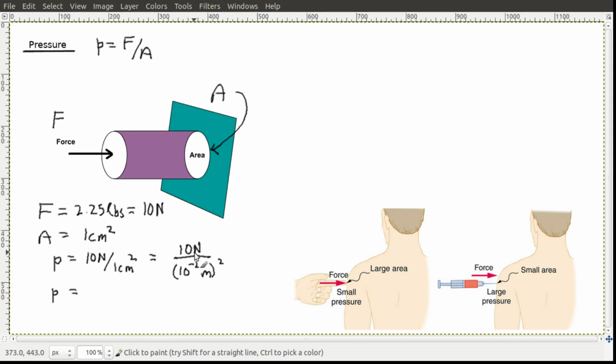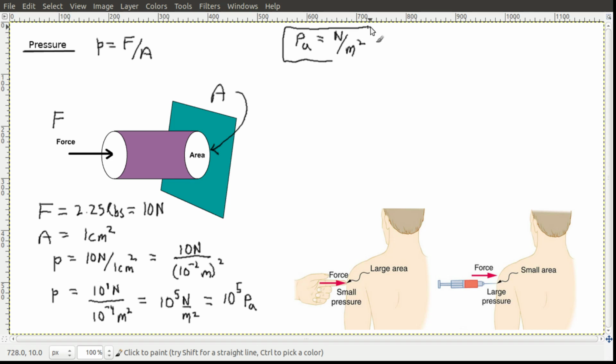So what we have is 10 to the 1 newtons divided by 10 to the minus 4 meters squared, and that's 10 to the 5 newtons per meter squared, which is also 10 to the 5 pascals, Pa, because 1 pascal is 1 newton per meter squared. So that's how we define the pascal.